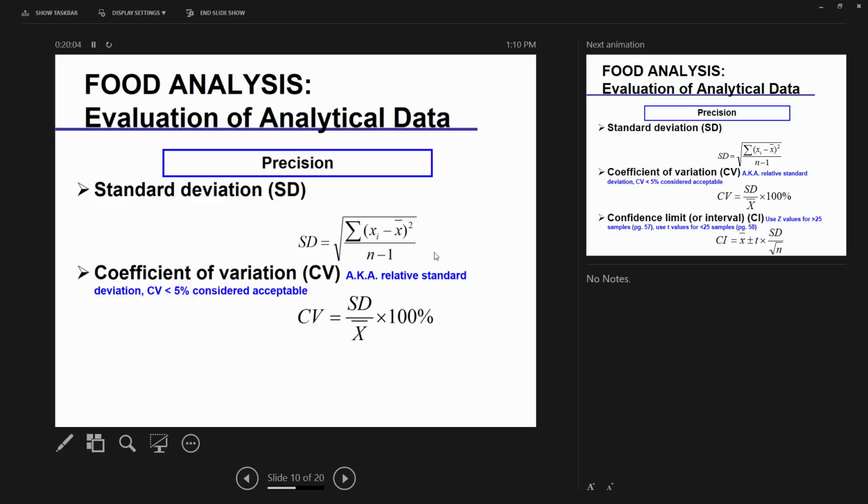So 1.2 seems smaller than this, but once you divide it by 12, you get a 10% coefficient of variation. But this seems larger, but you are dividing it by a larger mean, therefore you end up with a smaller CV.